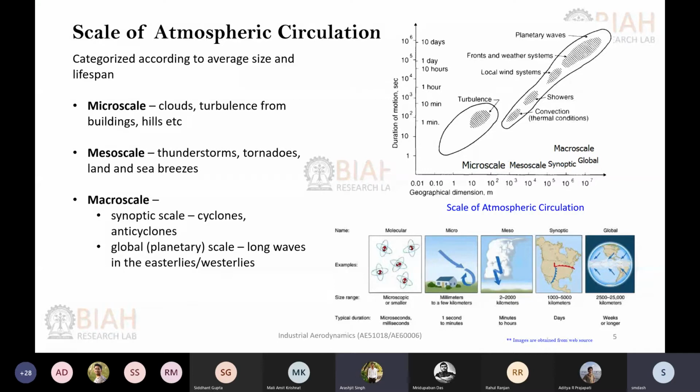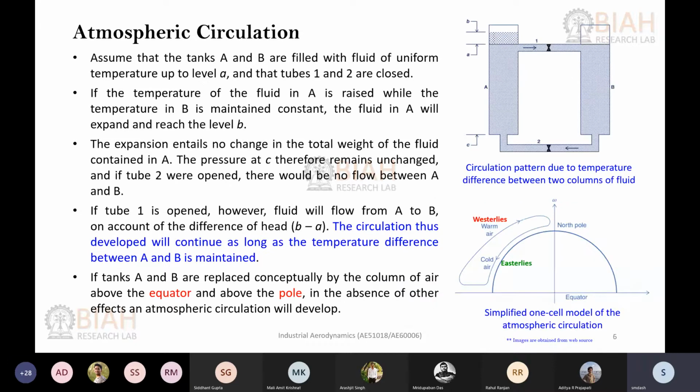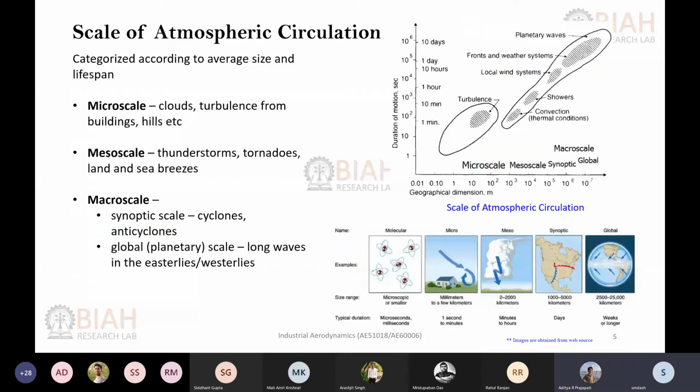Those types of small scale phenomena can be considered as micro scale. Okay, so this is the atmospheric circulation that we categorize, what we see in the atmosphere. Any more questions?